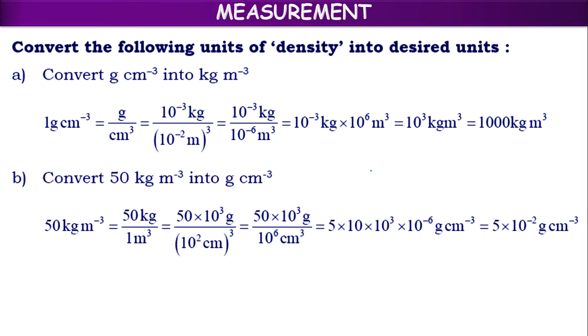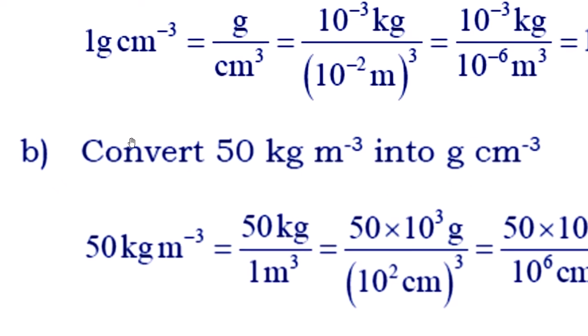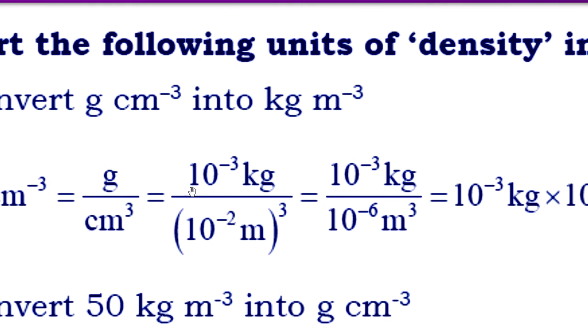Now we know that 1 kilogram equal to 1000 grams, or 1 kilogram equal to 10 cube grams. Then what about 1 gram? This 10 cube will come this side. 10 power -3 kilogram equal to 1 gram. So in the place of gram, we can keep 10 power -3 kilogram.